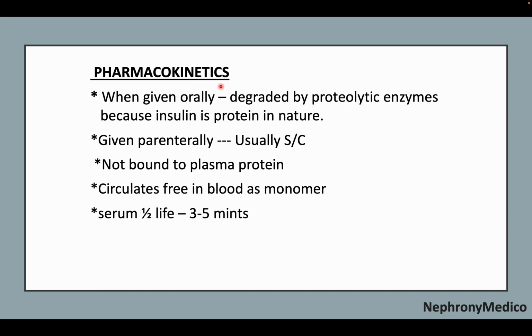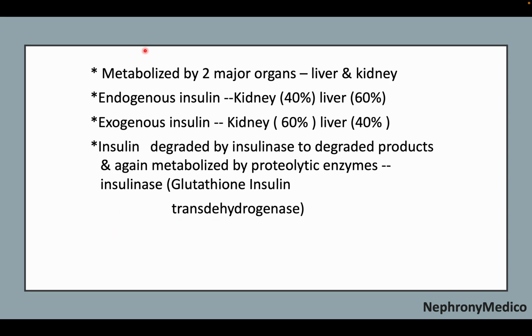Now, pharmacokinetics. When given orally, it is degraded by proteolytic enzymes because insulin is protein in nature. So, it is given parenterally, usually by the subcutaneous method. It is not bound to plasma protein and circulates free in blood as a monomer, and the serum half-life is 3 to 5 minutes. It is metabolized by 2 main organs, liver and kidney.